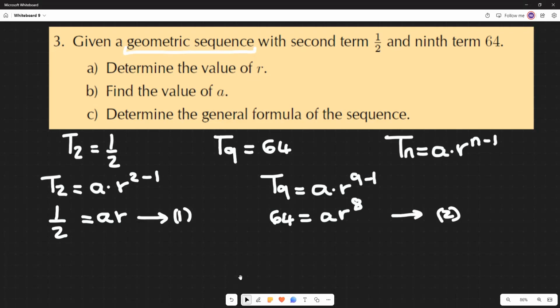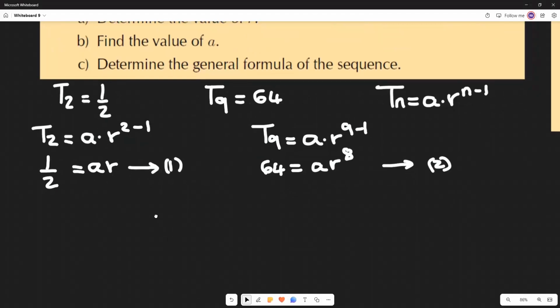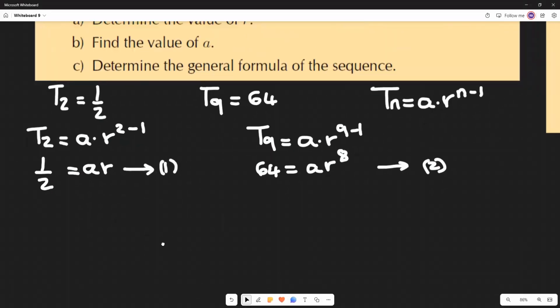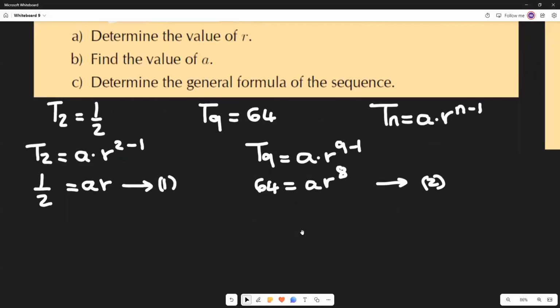One method that always works for me with simultaneous equations: I know it's simultaneous because I have two equations and two unknowns, R and A.